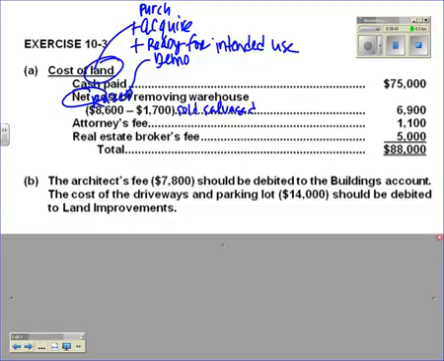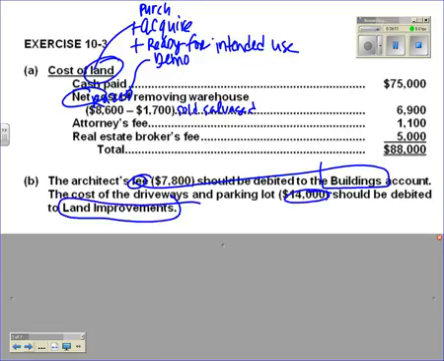Okay, what happens here? Then we can start building. We're going to pay an architect $7,800 to just design our new building. And then we've got to put in $14,000 worth of land improvements. Okay, so the architect fee is the building, and the $14,000 is land improvements.